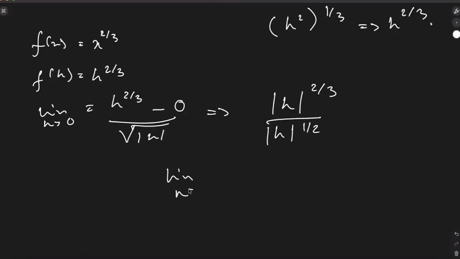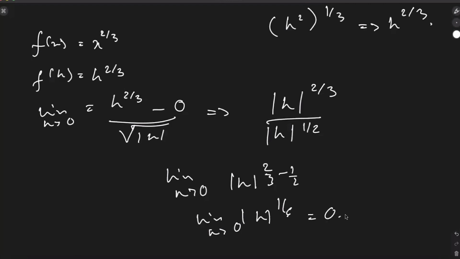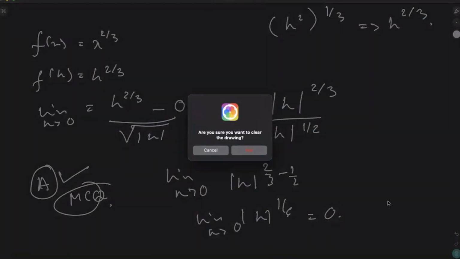So the limit h tends to 0 of mod of h^(2/3 minus 1/2), so the limit h tends to 0 of mod of h raised to the power of 1 by 6. This is equal to 0. So this is finite and it exists as well. So option A is correct. Okay, so it is an MCQ type of question, and you have got one option correct right now.